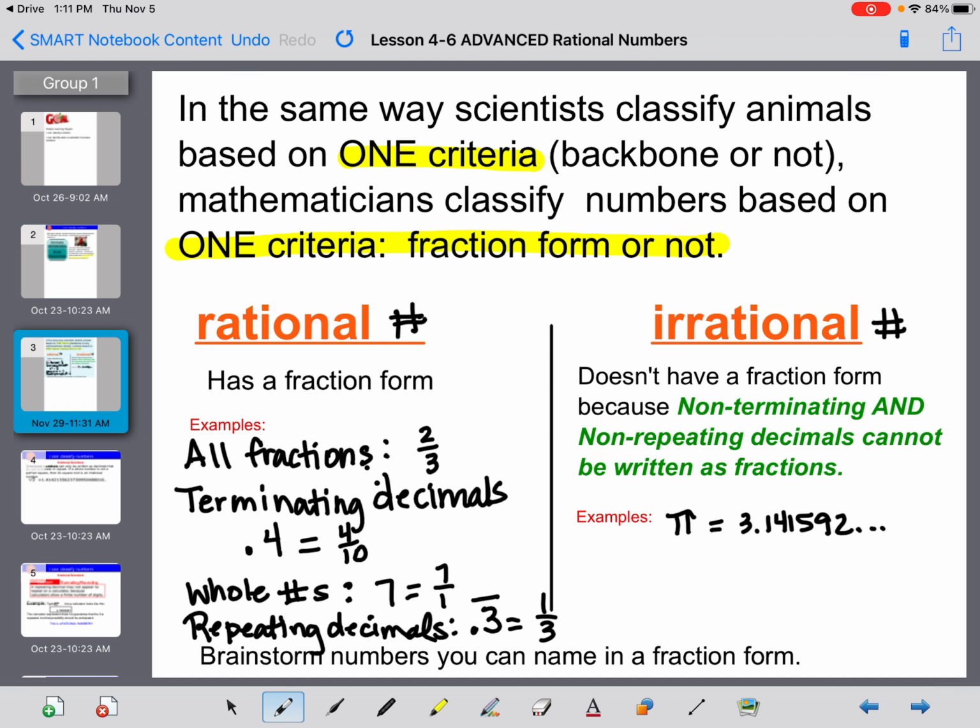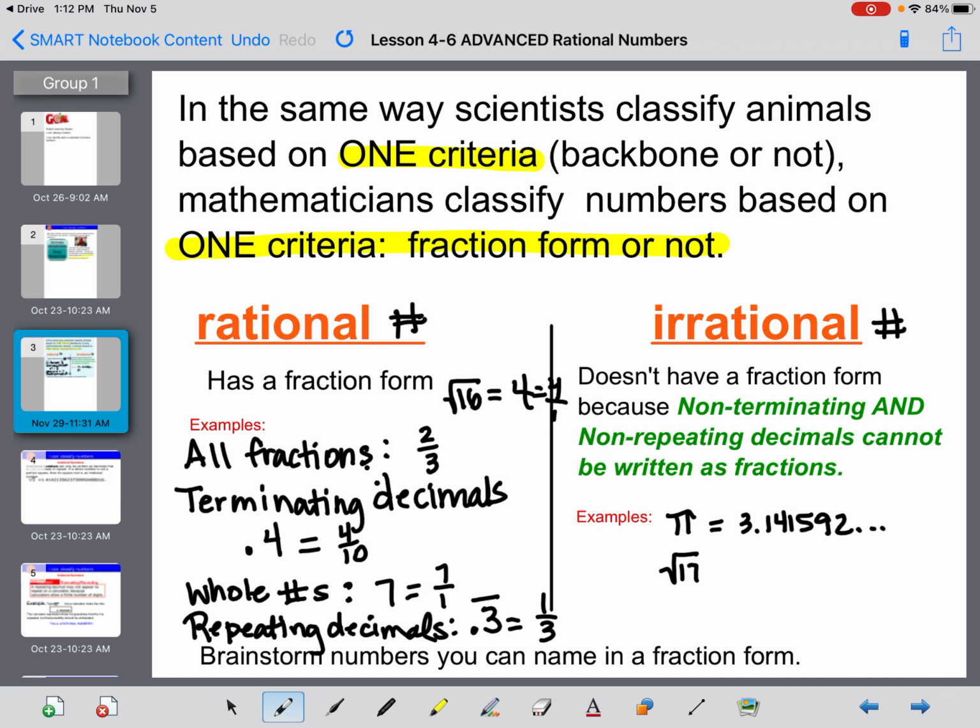What does that mean? Well, we'll get into that a little bit more, but the square root of 16 means what number times itself equals 16? Well, that's 4. And we know 4 can be written as a fraction as 4/1. On the other hand, not all numbers are perfect squares, like the square root of 17.